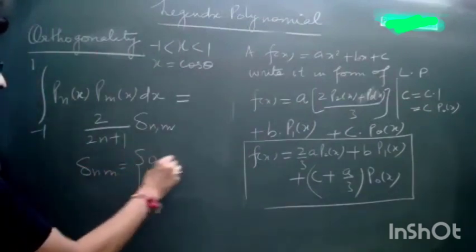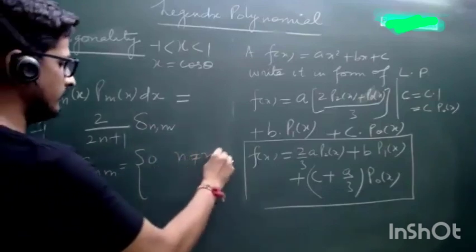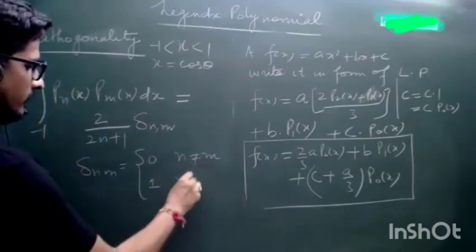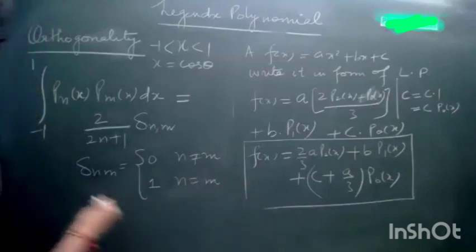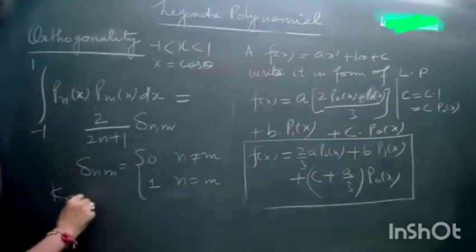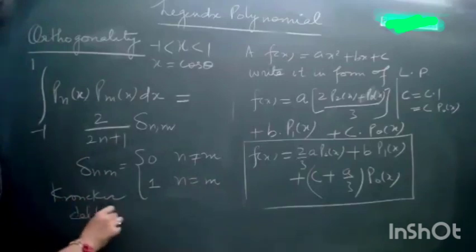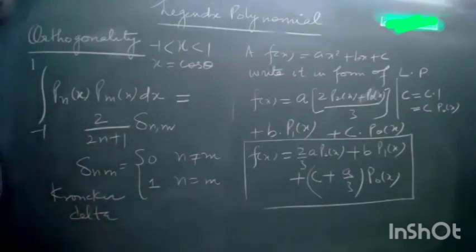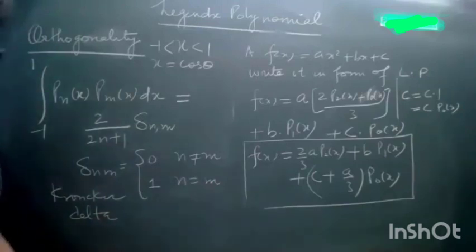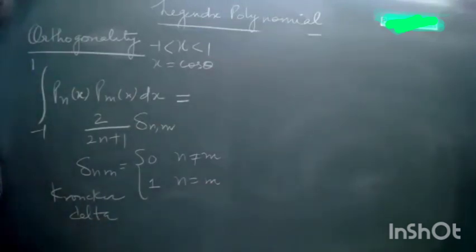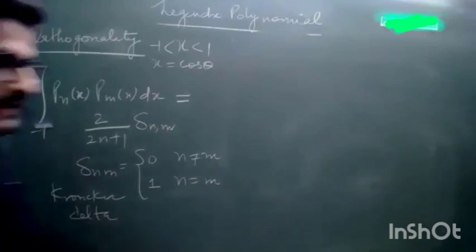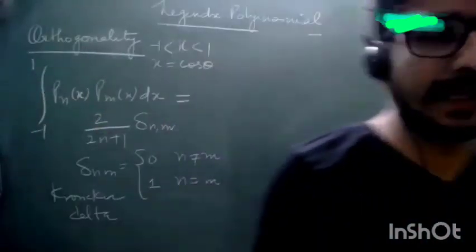It is equal to 0 if n is not equal to m, and it is equal to 1 when n is equal to m. This is known as the Kronecker delta, just to represent that.